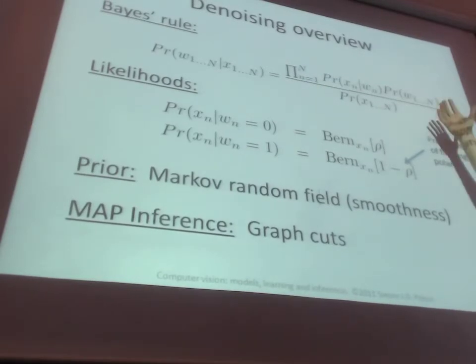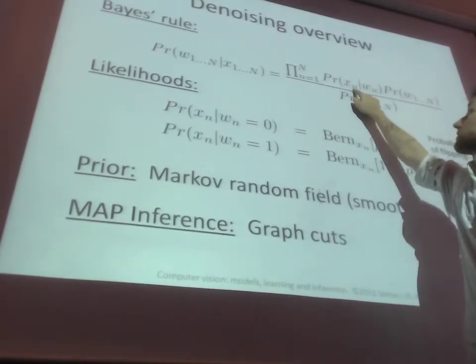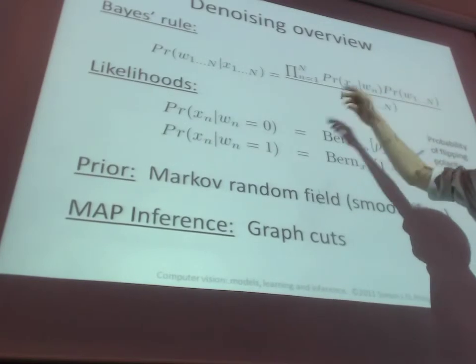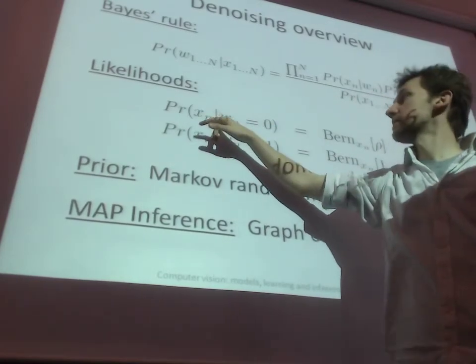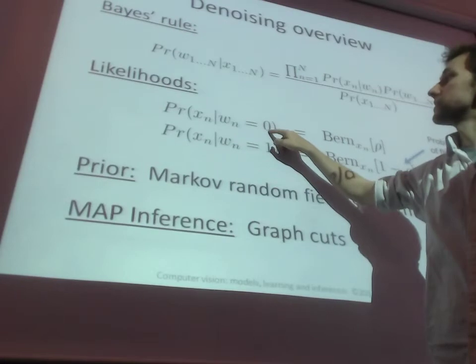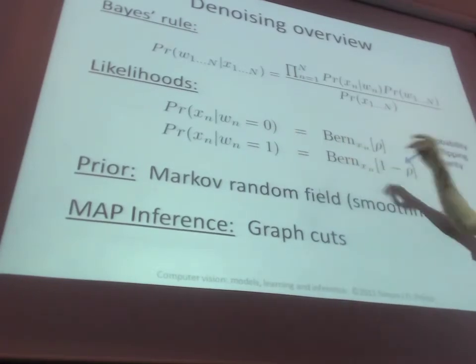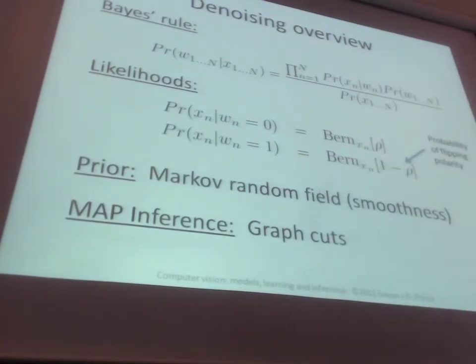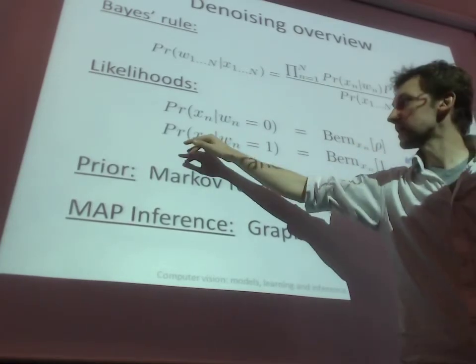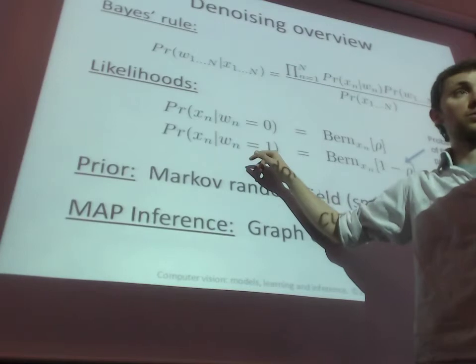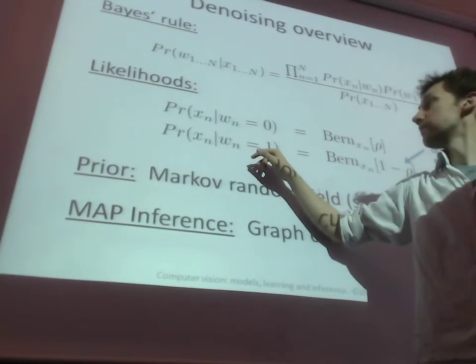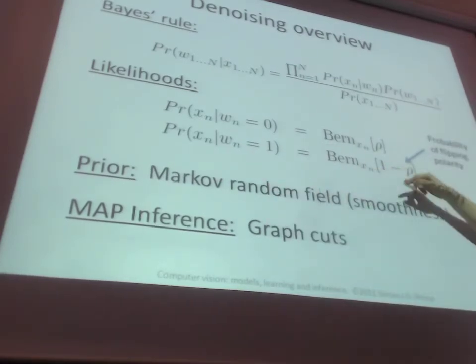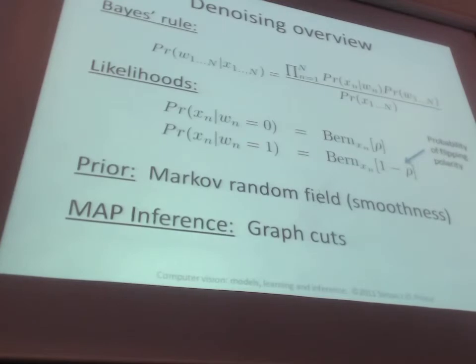All right, so we've got our generative model set up. We just have to define what we're going to use. The probability of xn given wn, given that the world is in state 0, is some Bernoulli distribution. So we've got 2 categories to choose from on some parameter rho, and the probability of xn given that the world state of the pixel is on is just the complement, a Bernoulli distribution on 1 minus rho.